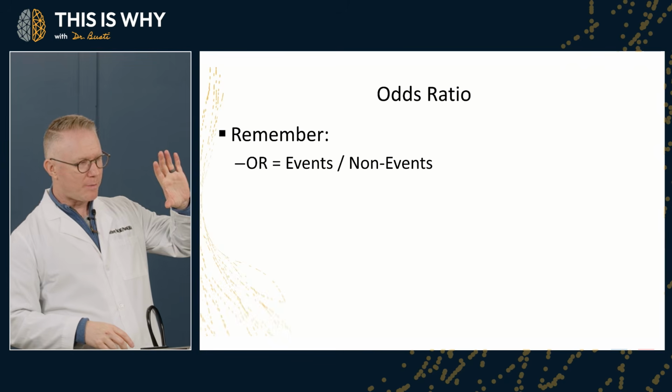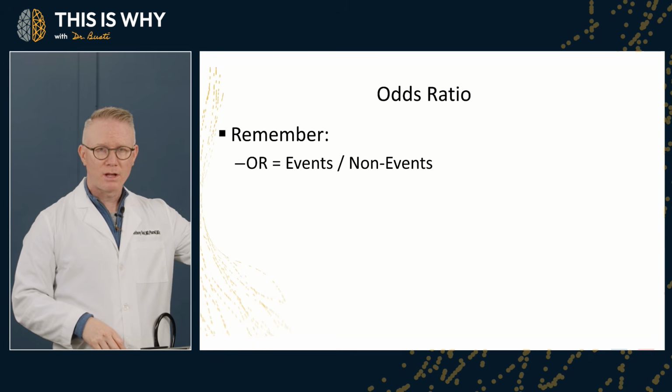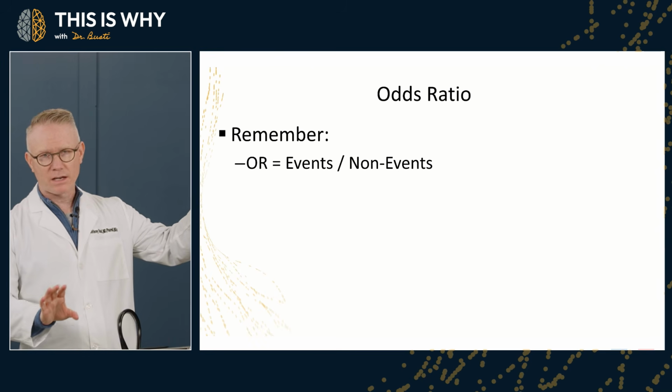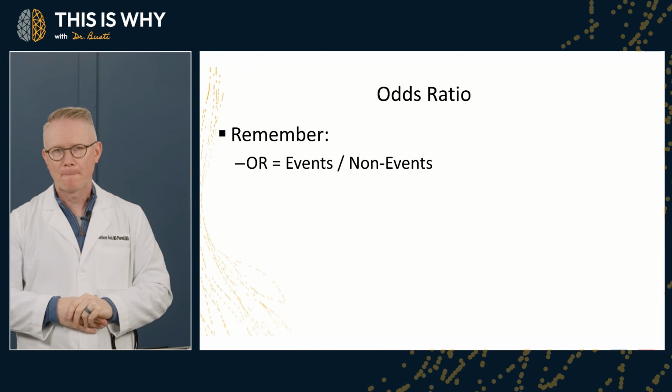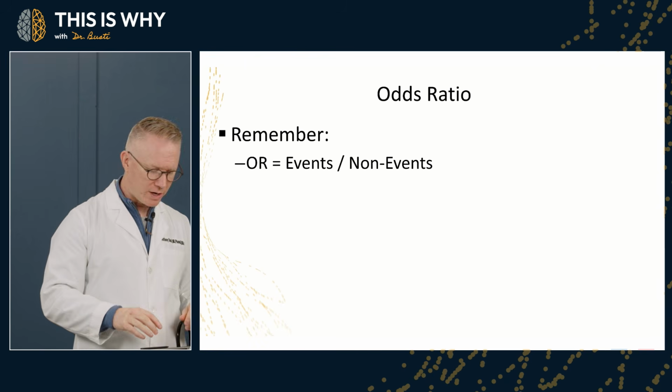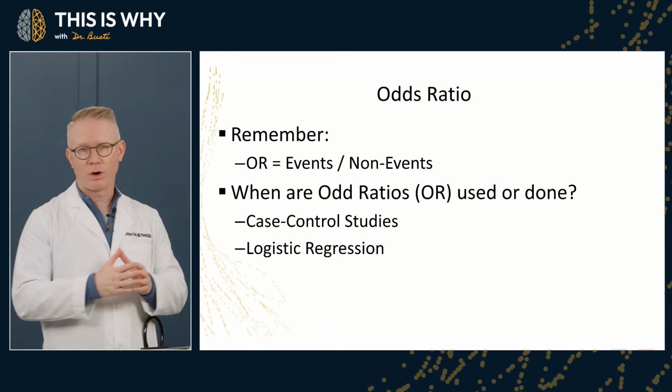So remember, we were talking about that formula at the beginning, the total number of events, people exposed, and then that odds is different. That denominator looks different. It's the non-events at the denominator, not the total risk, right? So when are odds ratios used or many times done?